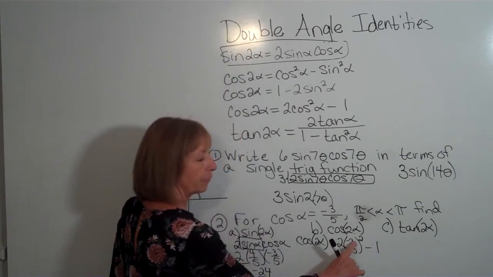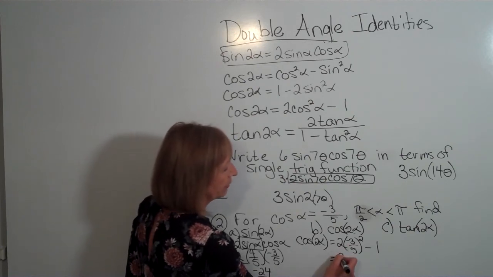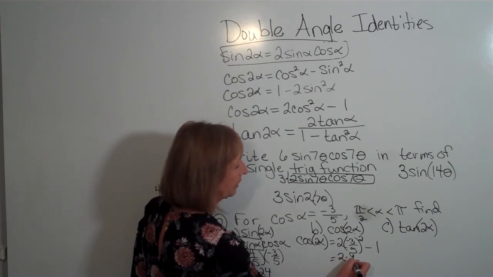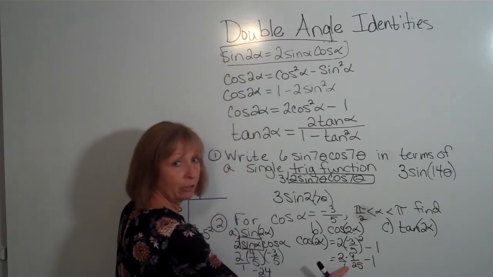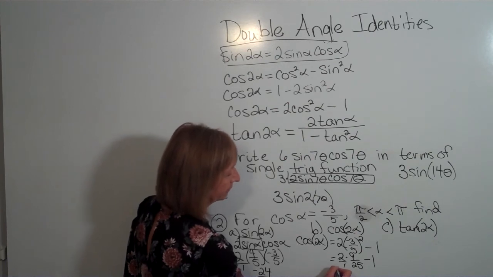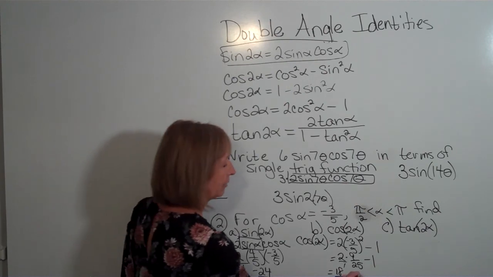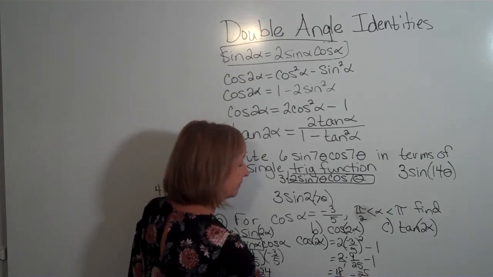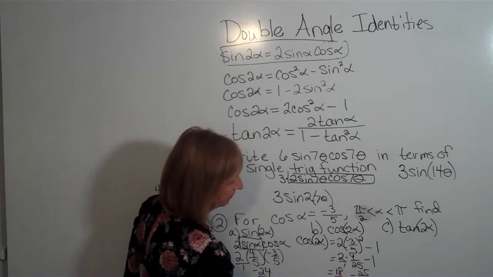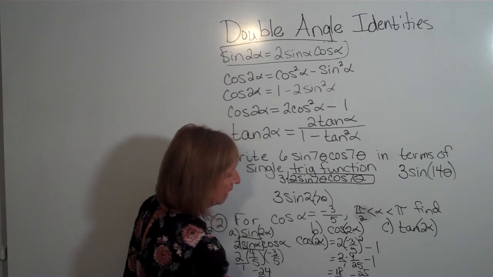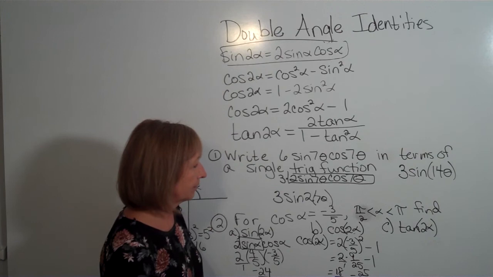Now follow your order of operations. Negative 3/5 quantity squared is 9/25. So I have 2 times 9/25 minus 1. So that gives me 18/25 minus, get your common denominators, 25/25. And I get a negative 7/25. And if I were to, again, use any of these other ones, I'd get the same value.